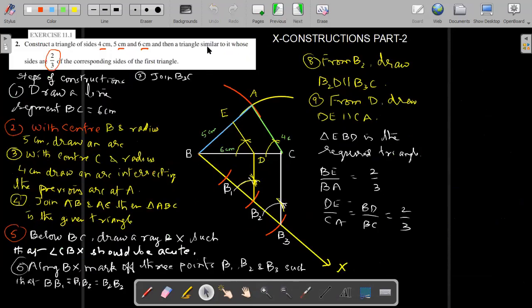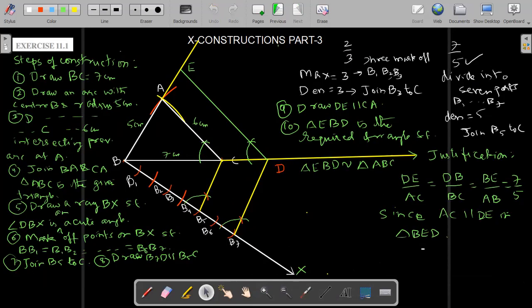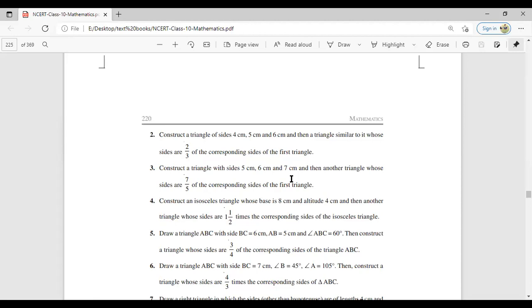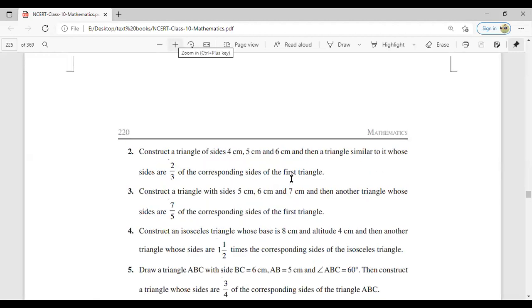So you have to just see that ratio, and two things you have to remember to draw any question from this exercise. I will show you other questions. See this, your textbook questions.